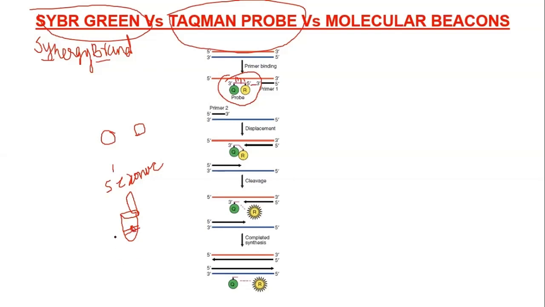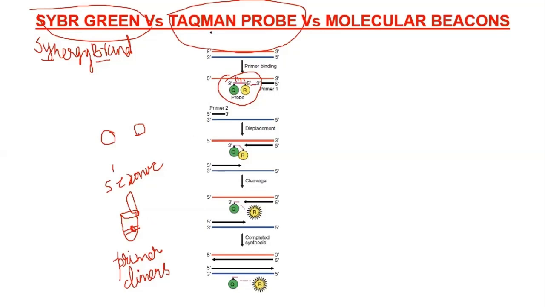The disadvantage of SYBR Green is that even primer dimers are detected. You know what primer dimers are? When two primers are complementary to each other, then they bind to each other and they form a dimer. Then you call them primer dimers. And while designing, you have to make sure that your forward and reverse primer do not form these primer dimers.